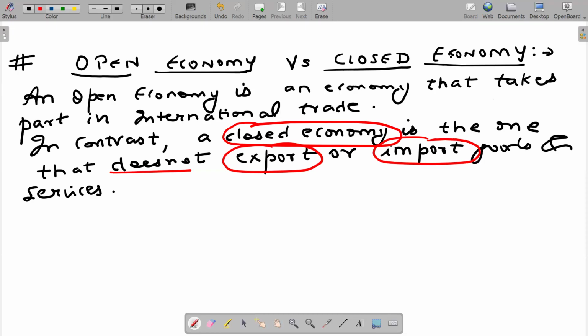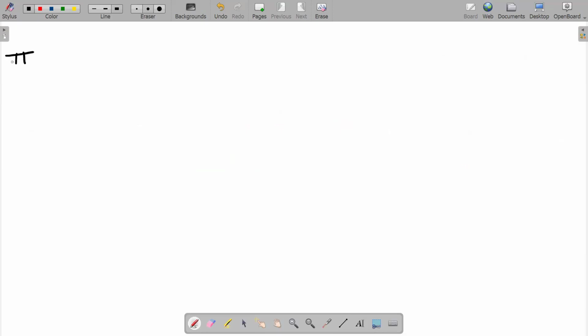Okay, so let's first of all look at the circular flow diagram in a closed economy, which is not interacting with the rest of the world. Let me erase all this off and write: circular flow in a closed economy.